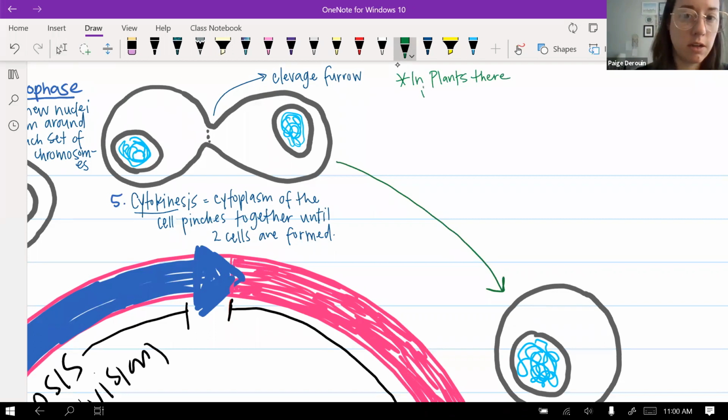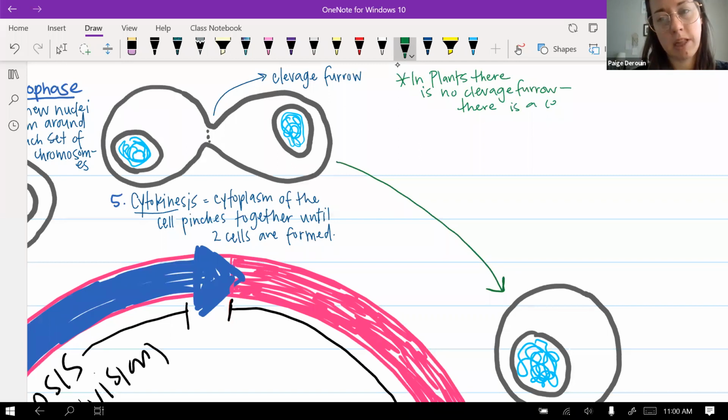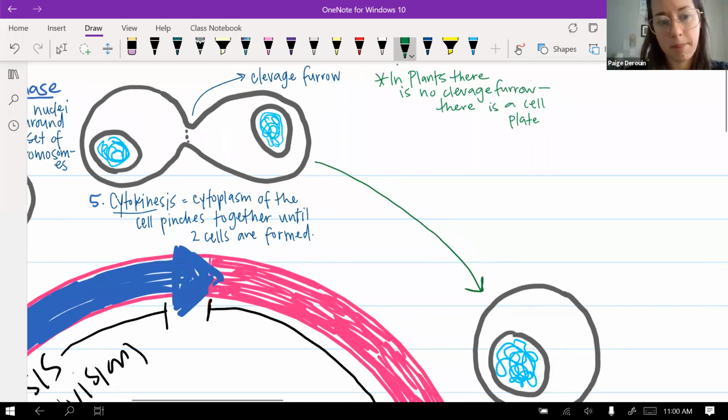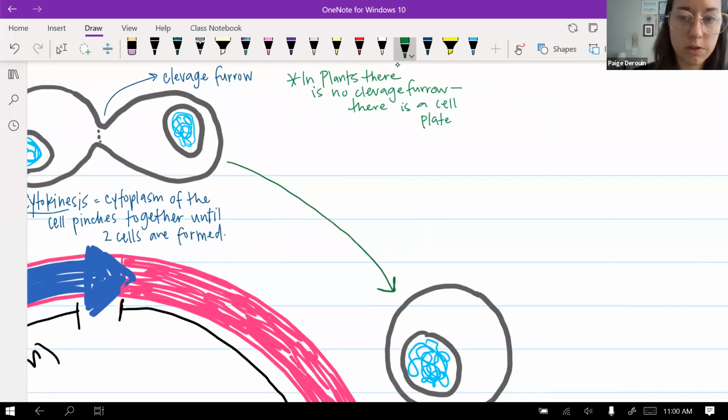there is no cleavage furrow. There is a cell plate that forms to split the cells.